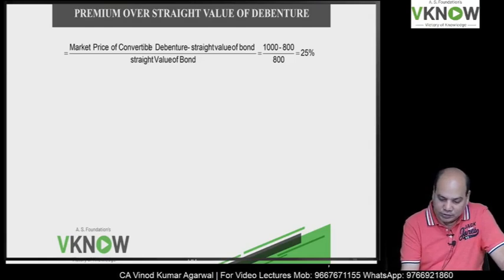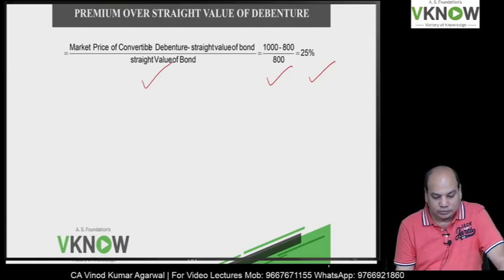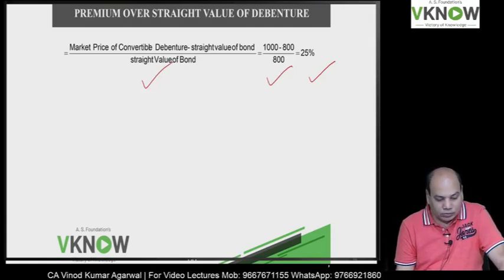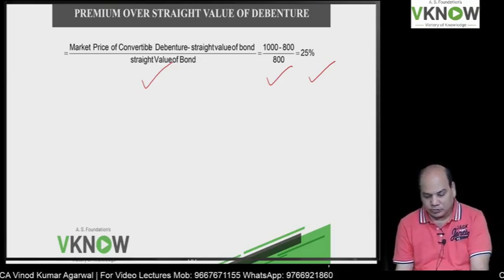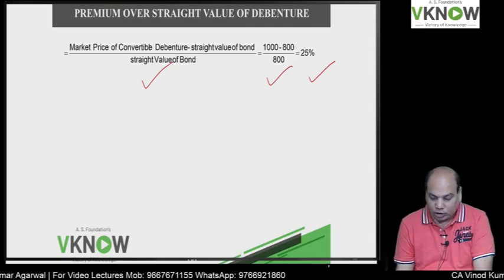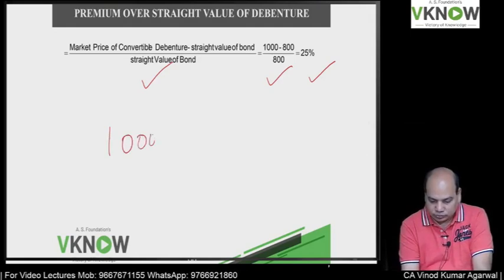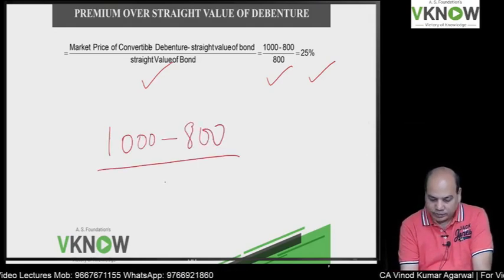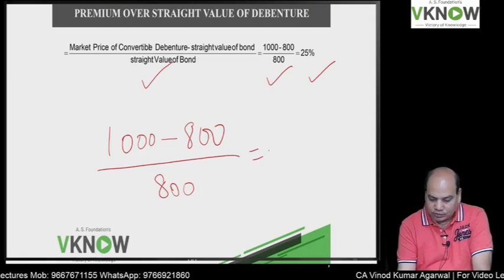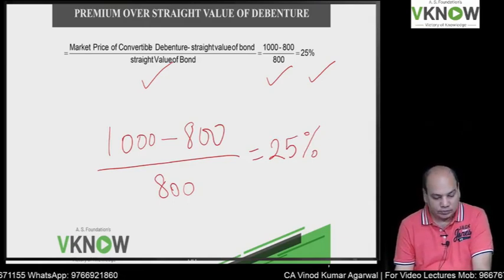Always write three things in such cases: formula, calculation, and the answer. So the formula is market price of convertible debenture minus straight value of bond, divided by straight value of bond, and you will get 25%.